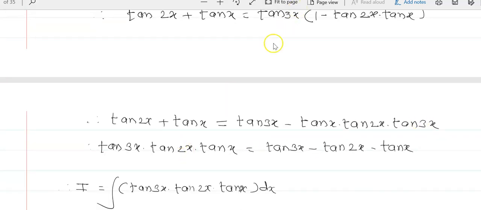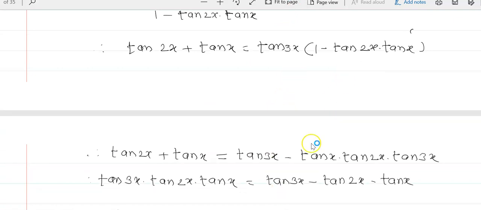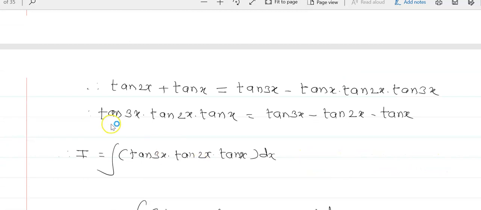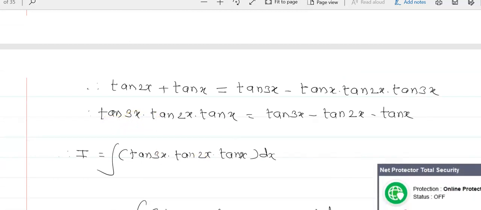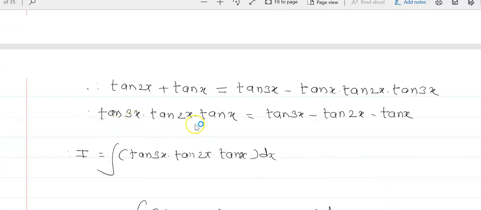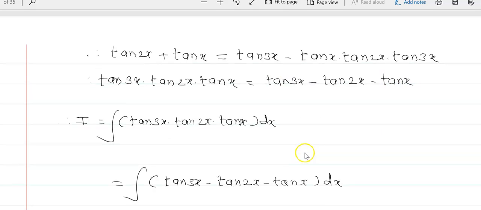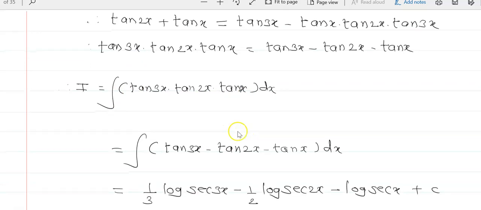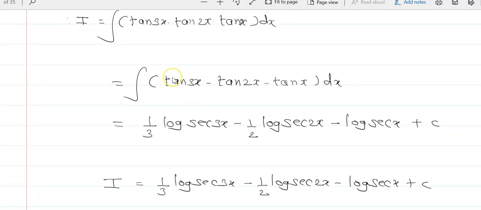Now, normal multiplication is here. Tan of 2x plus tan x is equal to tan of 3x minus tan of x into tan of 2x into tan of 3x. Therefore, tan of 3x into tan of 2x into tan x is equal to tan of 3x minus tan of 2x minus tan x. Now, take the integral of this. I is equal to integral tan of 3x into tan 2x into tan x. Therefore, integral tan of 3x minus tan of 2x minus tan x, and its integral.